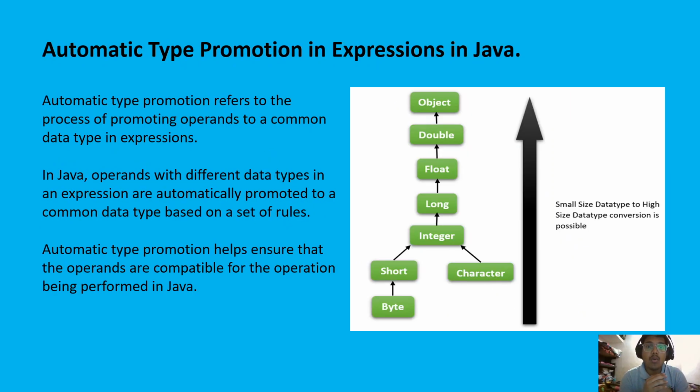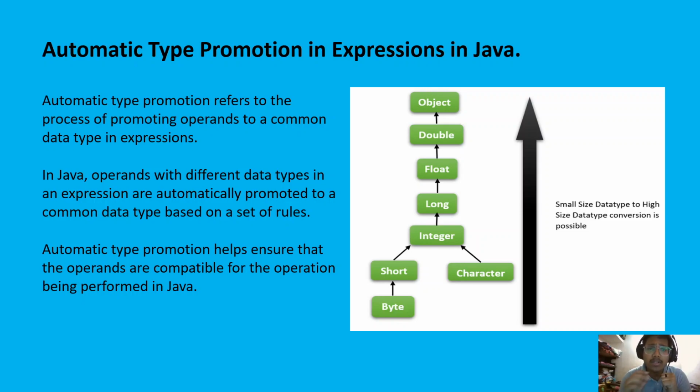Now, what are some automatic type promotions? If we are writing expressions, how does it work? For example, if I write double d = 4, it will automatically take it as a double even if the value I'm providing is an integer. Automatic type promotion refers to the process of promoting operands to a common data type in an expression.